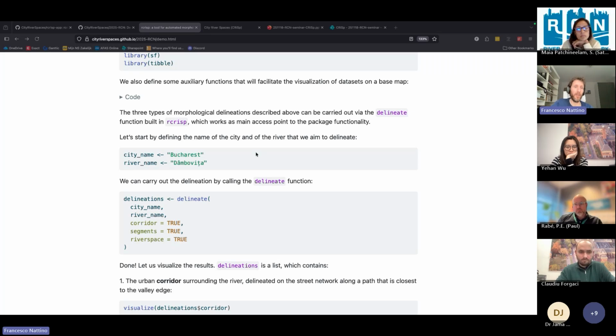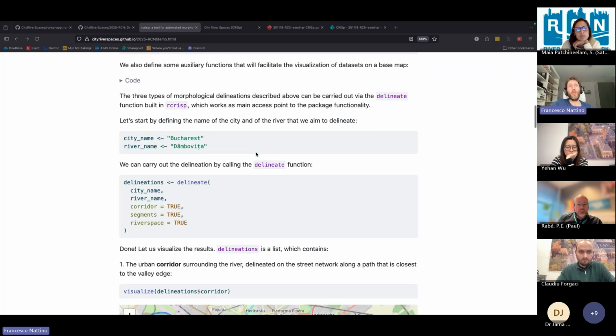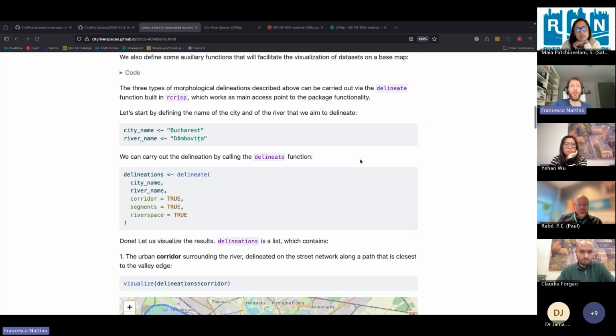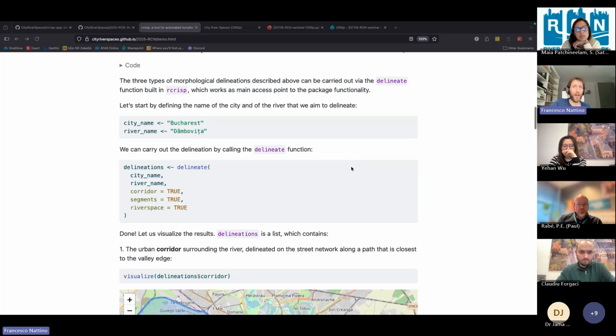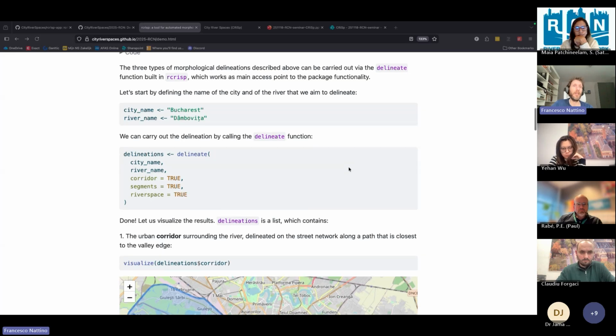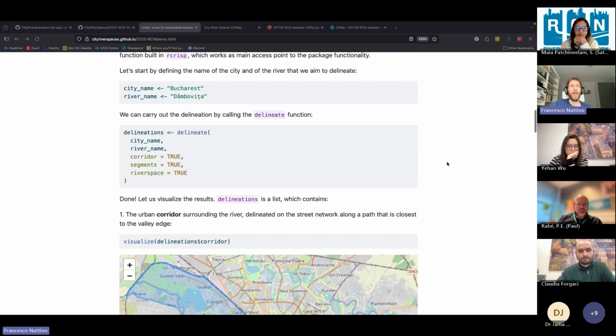We chose here Bucharest and Dâmbovița. And we pass these quantities as input to the delineate function that Rcrisp built, which returns the delineations of our area of interest using all the spatial units that we've discussed. So corridor, segments, and the river space. I will show you the result right now.